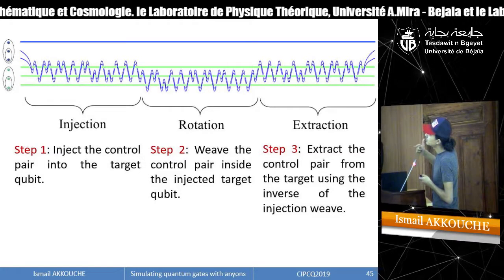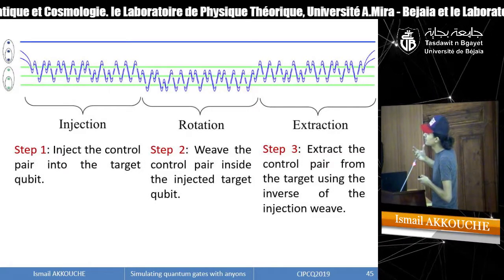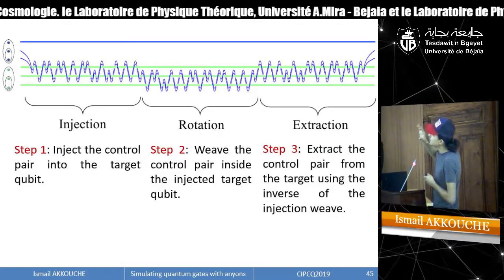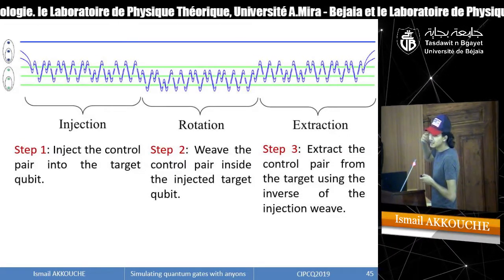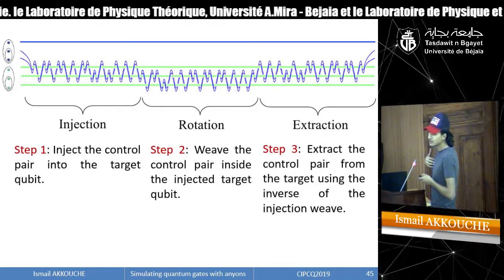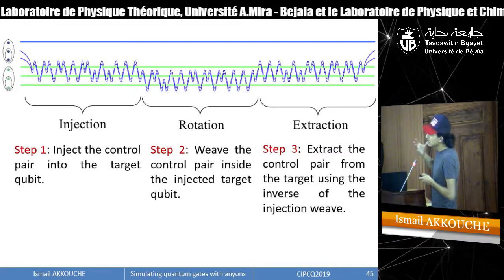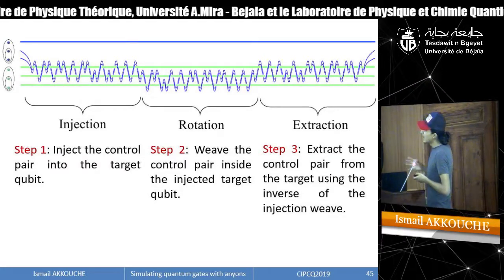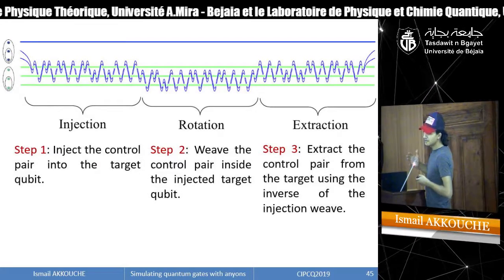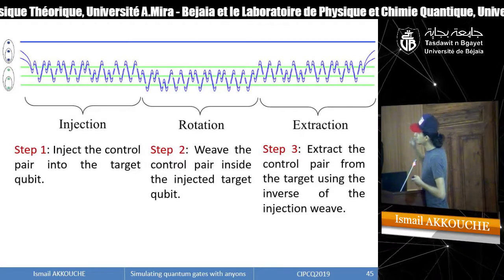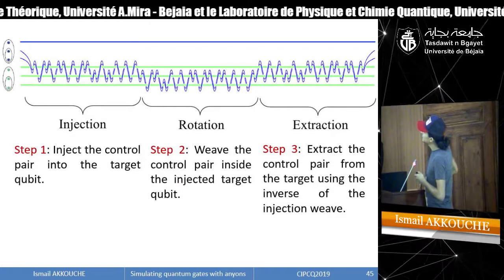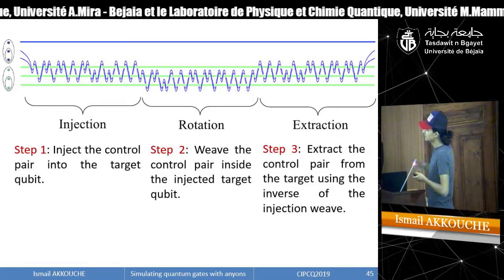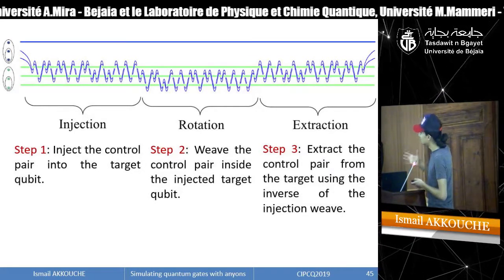And after that, we do the rotation or the encoding of information. I will encode my information in the second qubit. So in this trick, there is no leakage error because the information is encoded in just 1 qubit. And in the third step, I do the extraction, which is the inverse of the injection. And the two control pairs return to the first place.